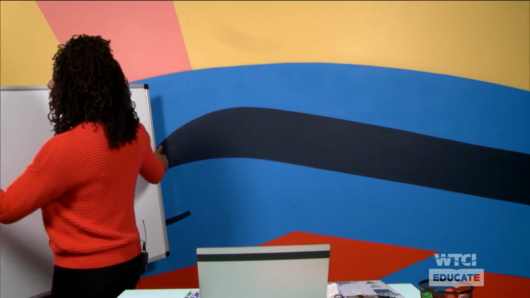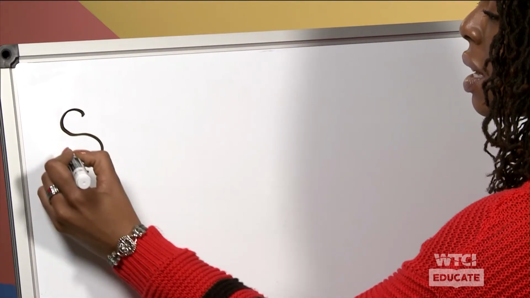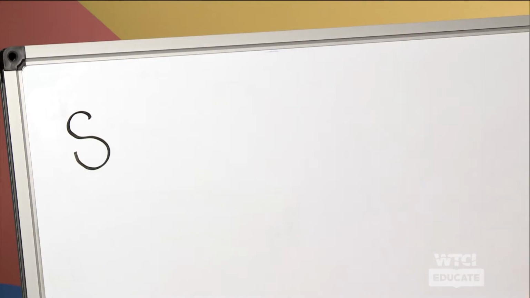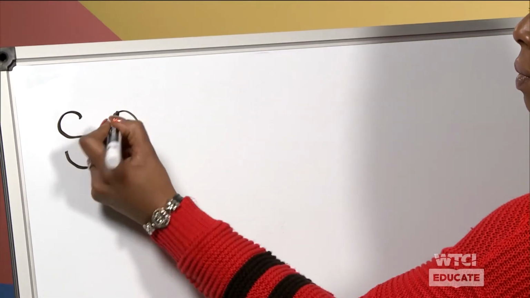So the first sound that I hear is S. And I know automatically that that sound is the letter S. Now I want to think about that middle sound. And I know from our short vowel practice, that is the letter O. Okay? Now let's think about that ending sound, K.